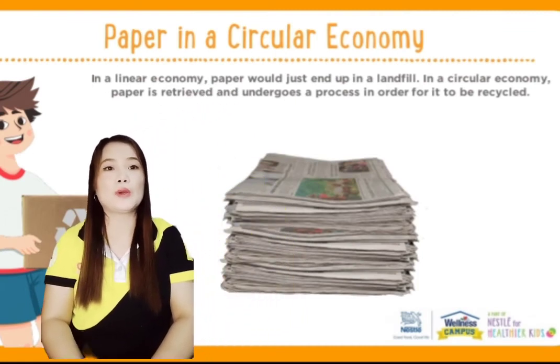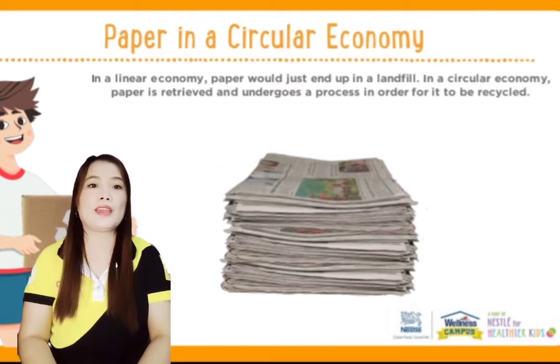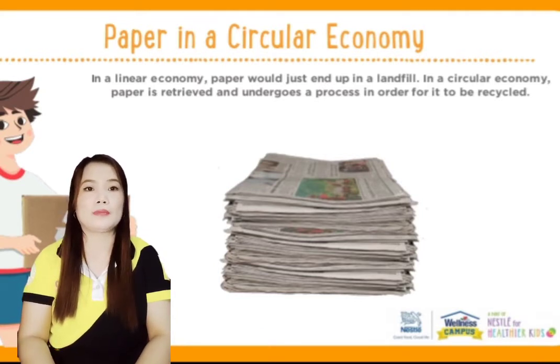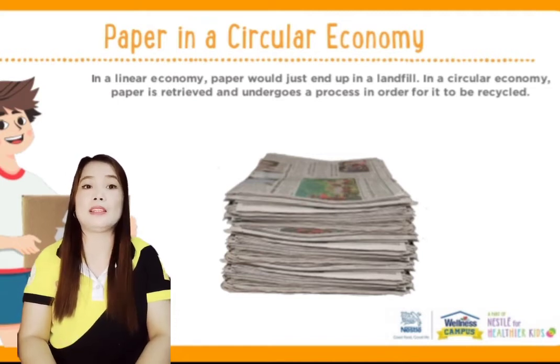First, we all know that paper is extracted from trees. It goes through a whole process, all the way up to bleaching, screening, and cleaning the paper. But once the paper is distributed as a product for sale and it is used by people, the paper is then thrown into the trash. In a linear economy, the paper would just end up in a landfill.